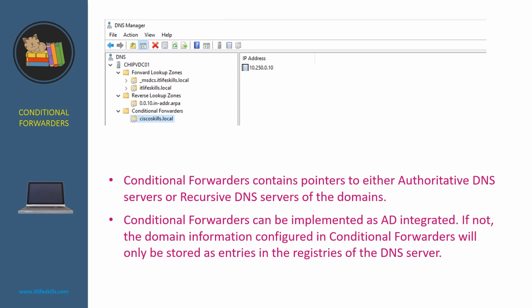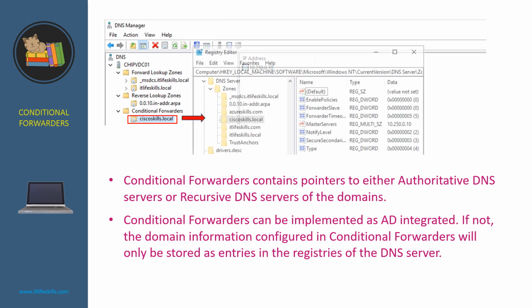So in this screenshot, we configure the domain cisco-skills.local in conditional forwarder. If we do not configure it as AD integrated, the domain information will be stored as an entry in the registries of the DNS server GPVDC01.